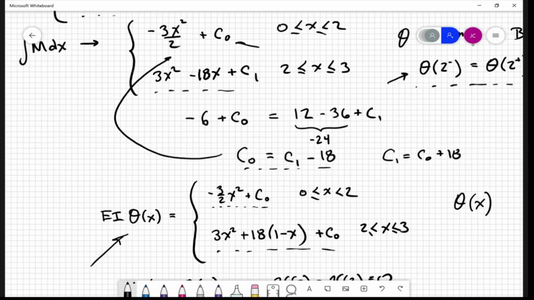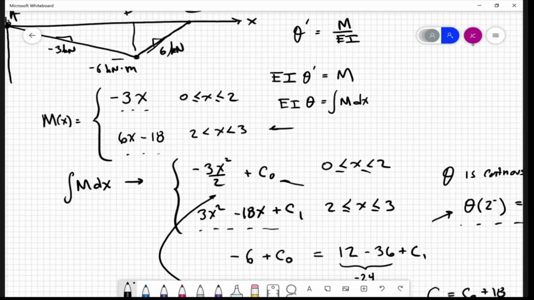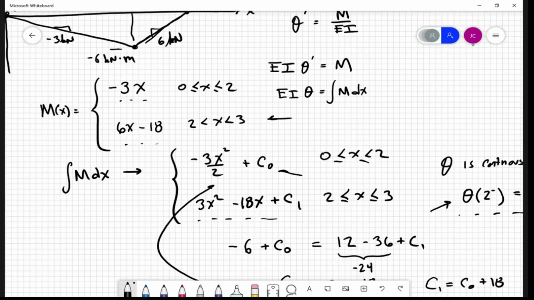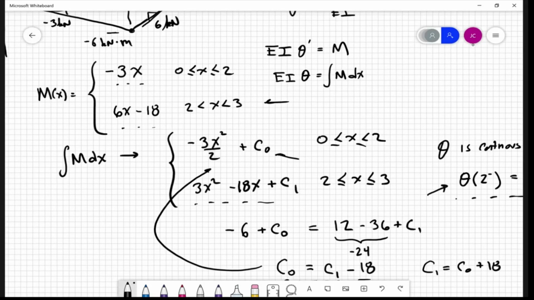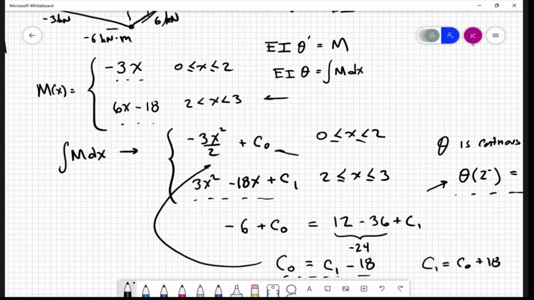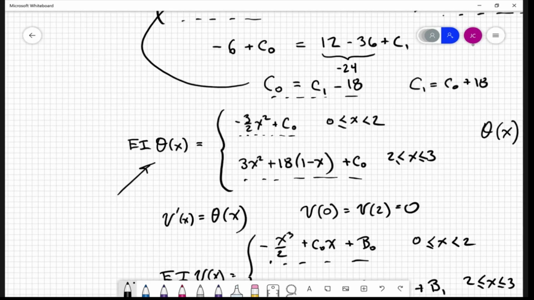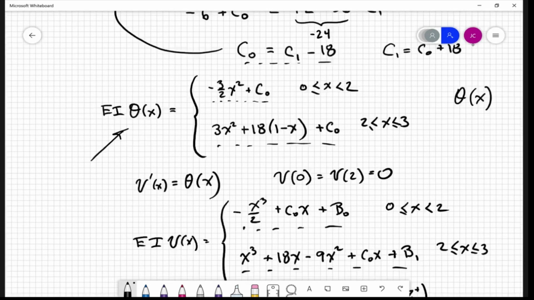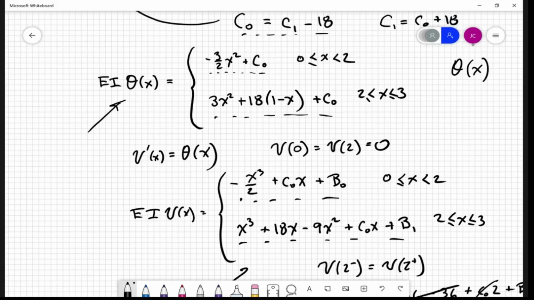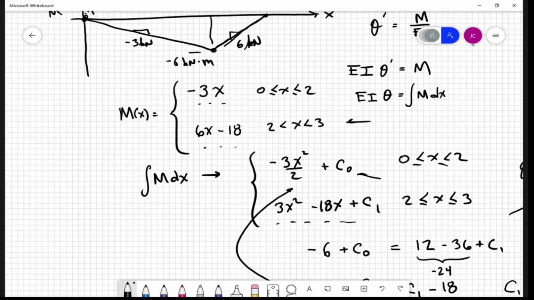So what's the easiest way to see that? Okay, let's look at it here, right? So this is a moment, right? So these X is in meters, and so that means the units for these coefficients are going to be kilonewtons, right?